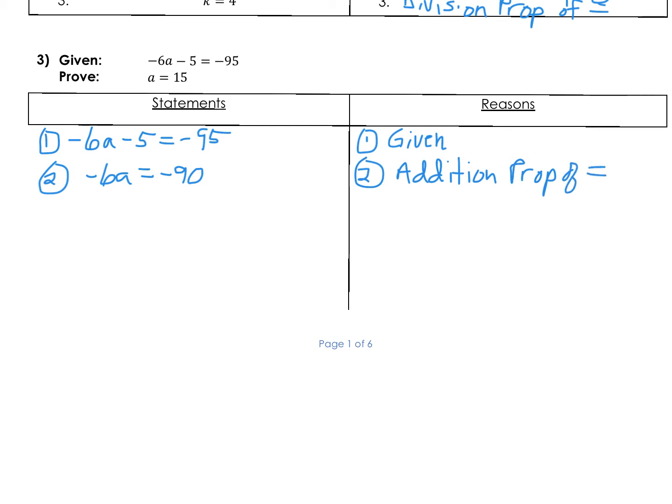And then finally, I am going to divide both sides by negative 6. And so I should get to my proof statement, which is a equals 15. And since I divided both sides by negative 6, that is the division property of equality.